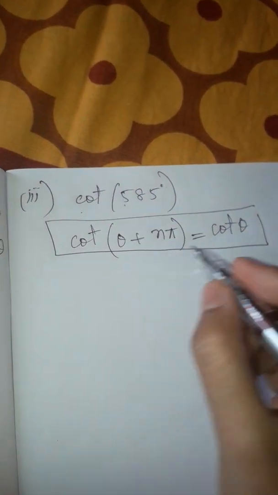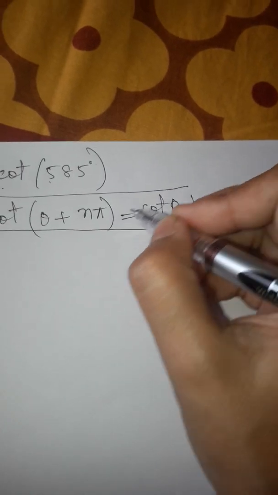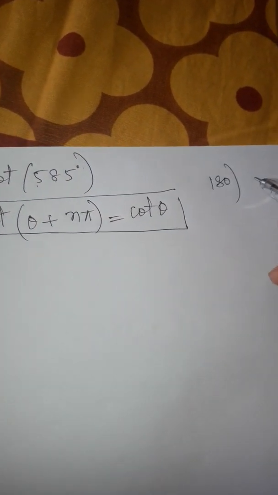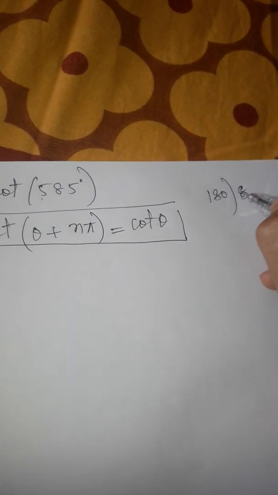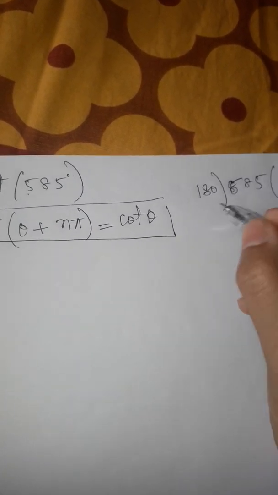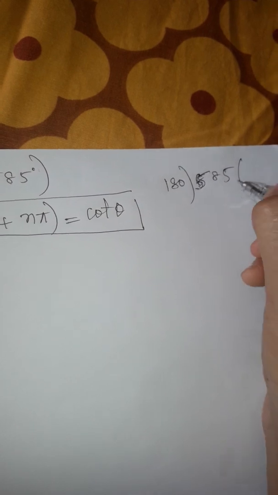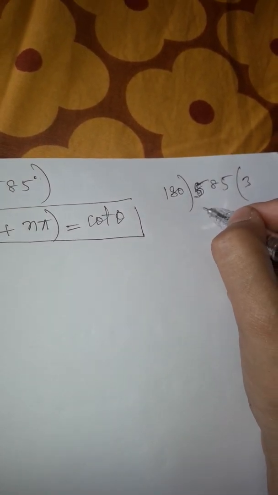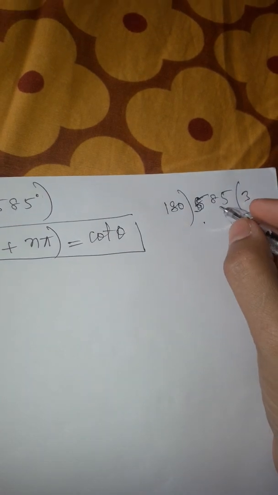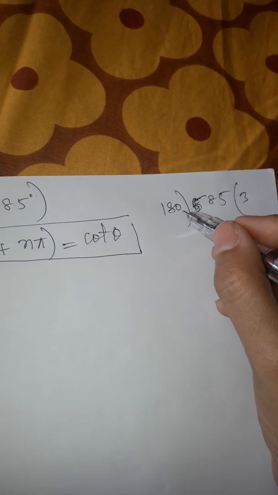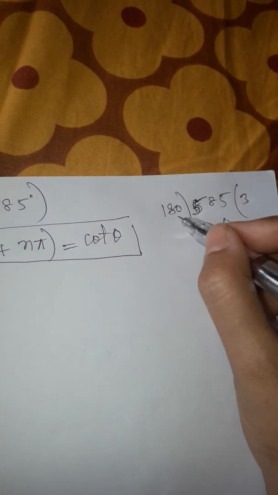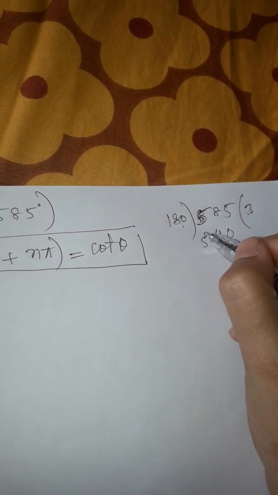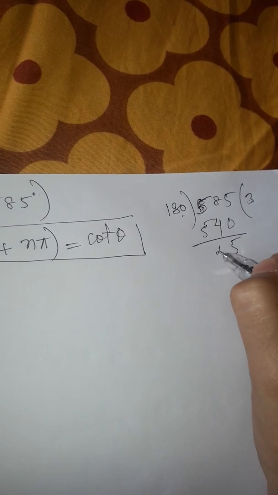So what we do in this case is we divide by 180, because it keeps on repeating after 180 degrees. So 585 divided by 180: 3 times 180 is 540, and the remainder is 45.